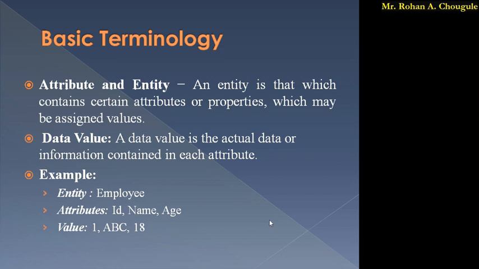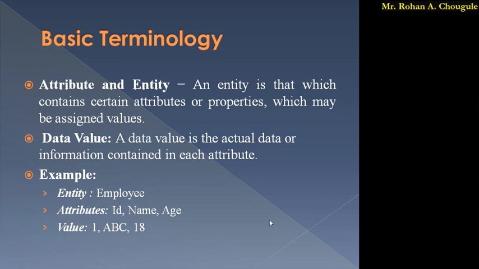What attributes does an employee have? Employee has ID, name and age. So ID, name and age are the attributes of the employee. And we know that we have some ID, right?